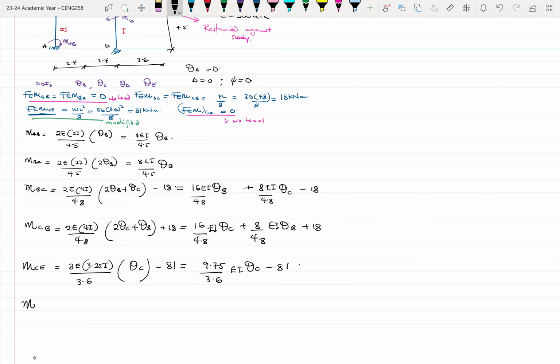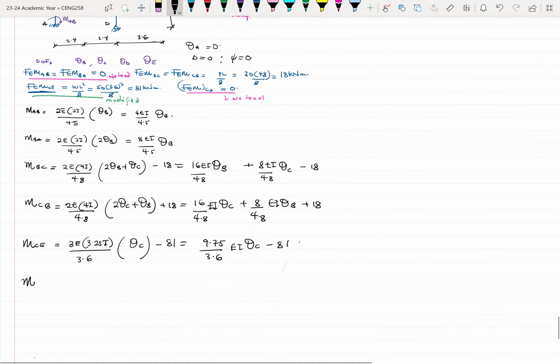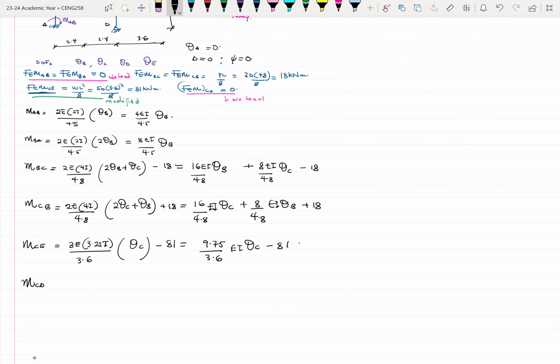Then our last bit, MCD. MCD again is a modified approach. So 3EI over, I think, 4.5 for the height, theta C. There's no fixed end moment. So this is your answer, 3EI theta C over 4.5.